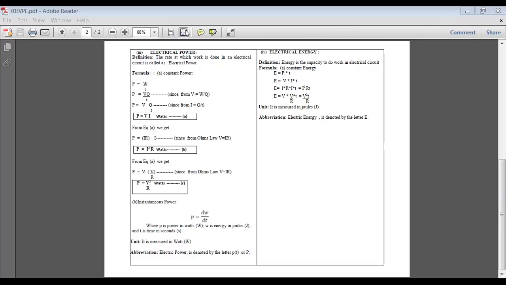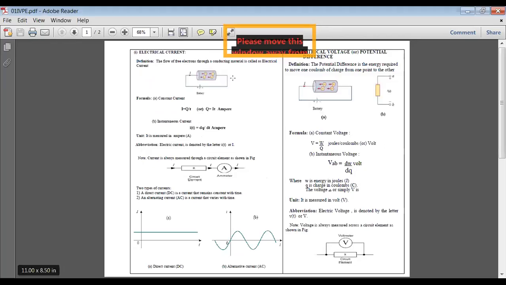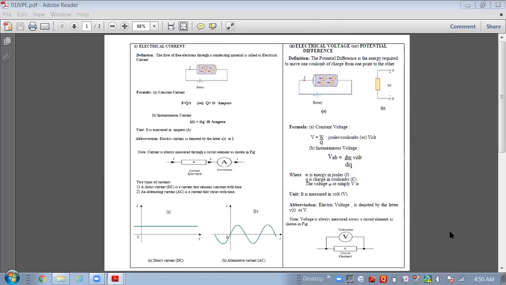The formulas you always have to remember: current is equal to Q by T, a very important formula. Second, voltage is equal to work by charge.